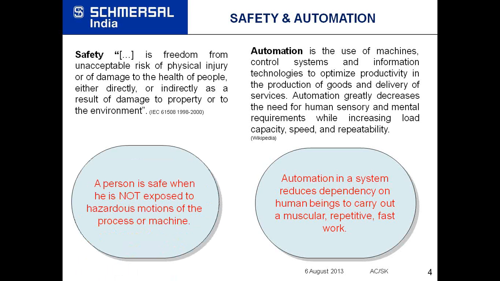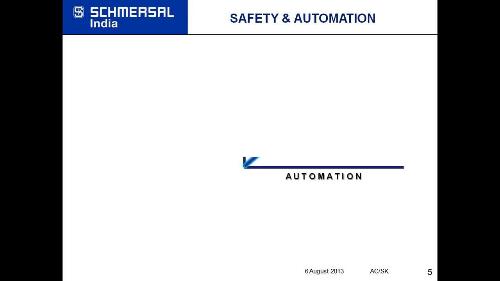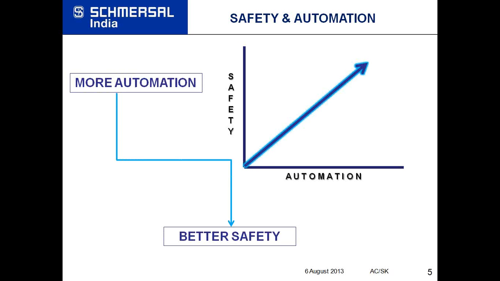So to make a relationship between these two, we can say if we have more automation in a system or on a machine or on a process, we presume we have better safety. Everyone would agree that we can make a system or machine automated, and then we have better safety. So the relationship is very simple. More automation means better safety. But is it true all the time?